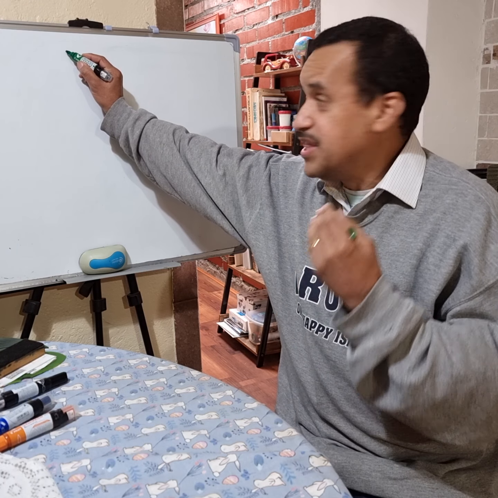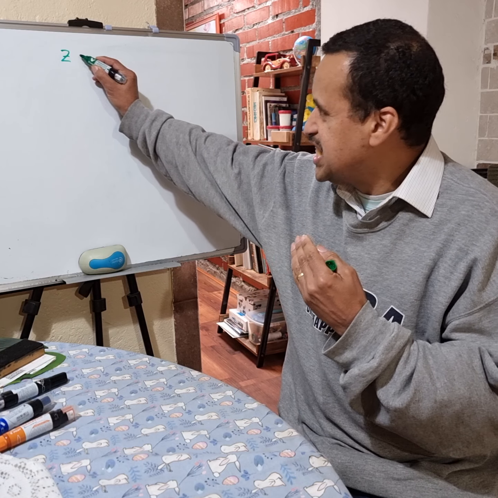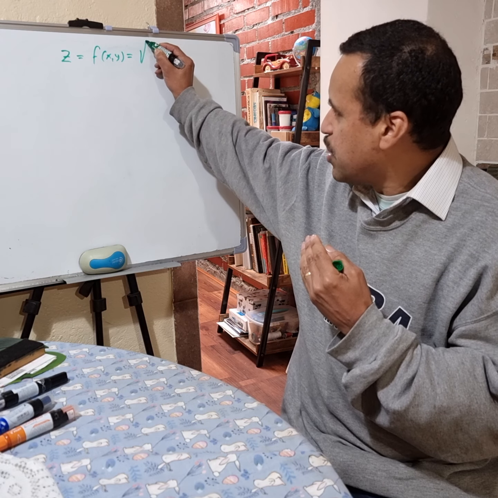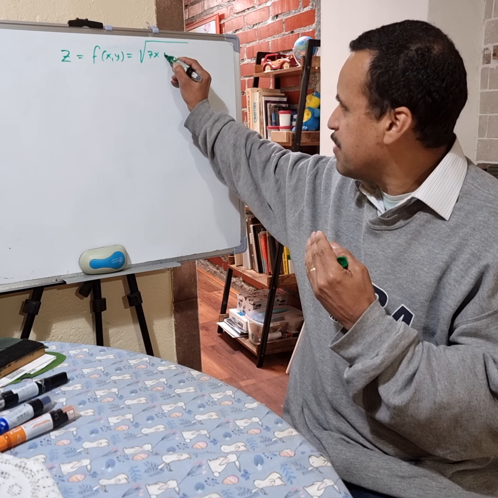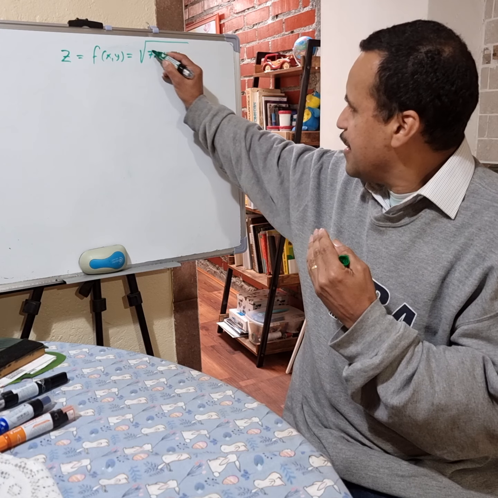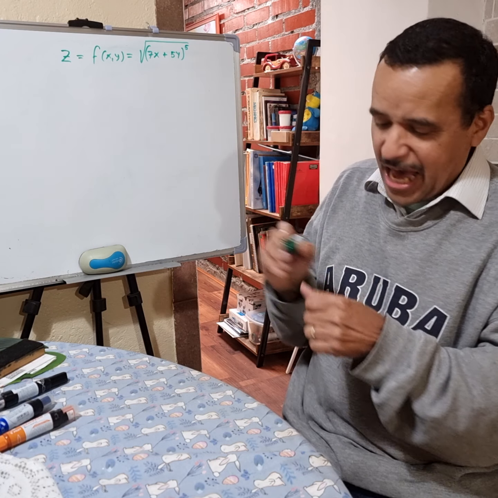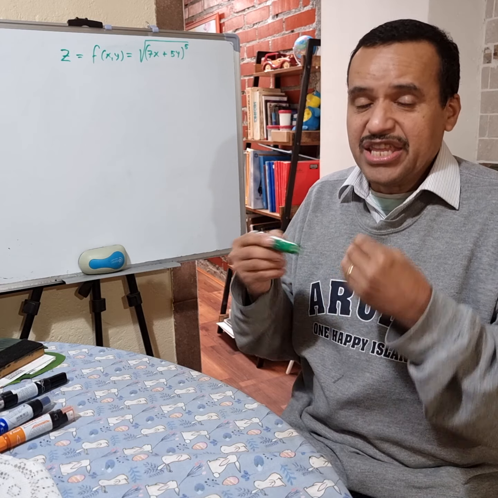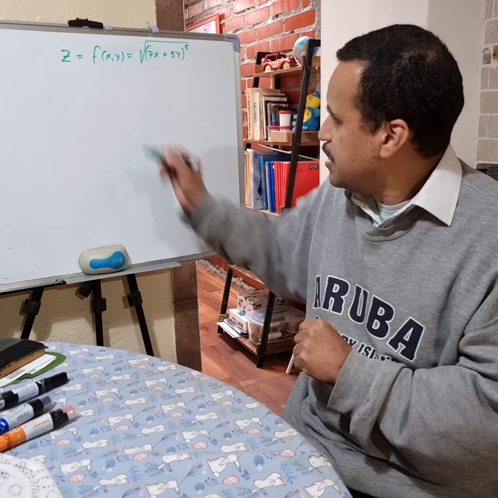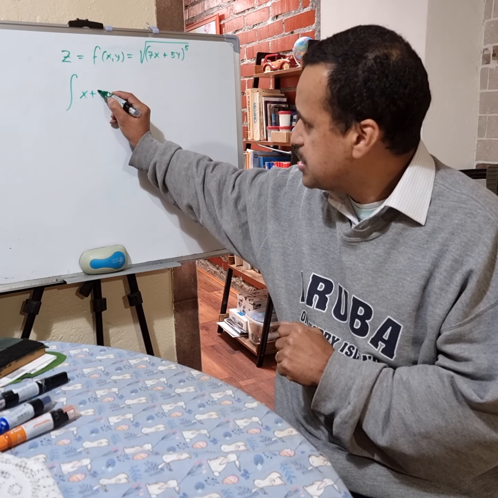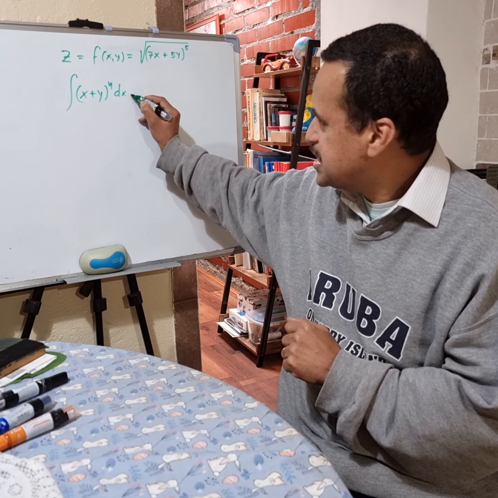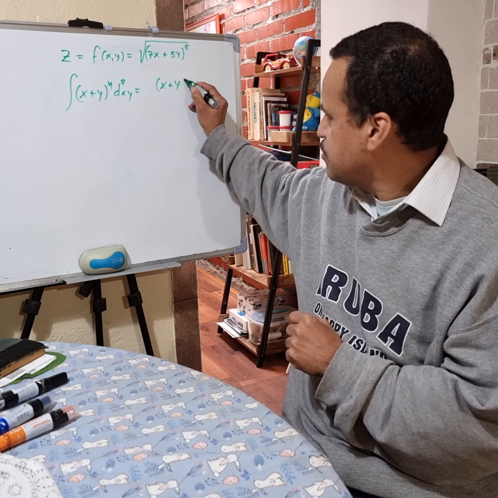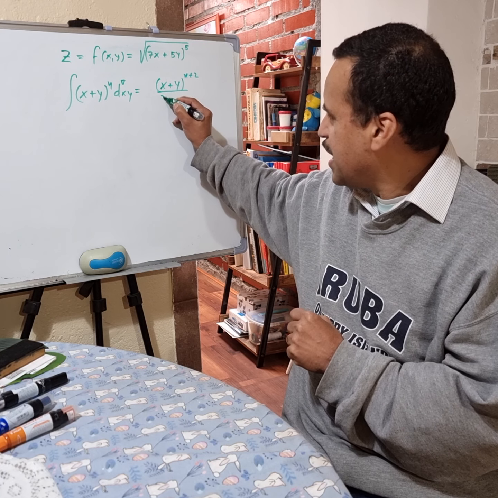We are going to calculate the volume under this surface z equals the square root of 7x plus 5y to the 5, and we are going to use our first formula for the primitive of the linear function and any power of that linear function, our identity function, which is the integral of x plus y to the n dxdy, triangular expansion, equals x plus y to the n plus 2 divided by n plus 2.